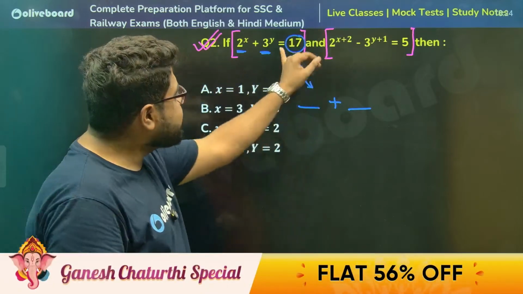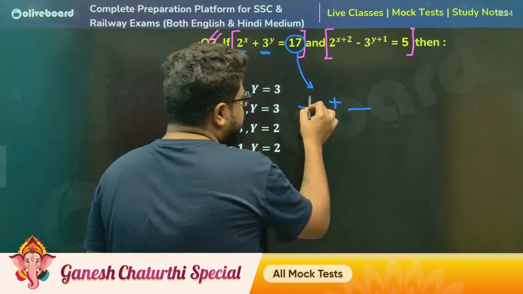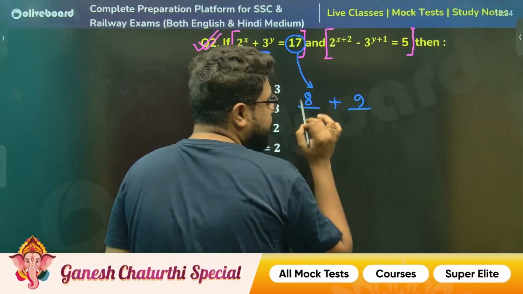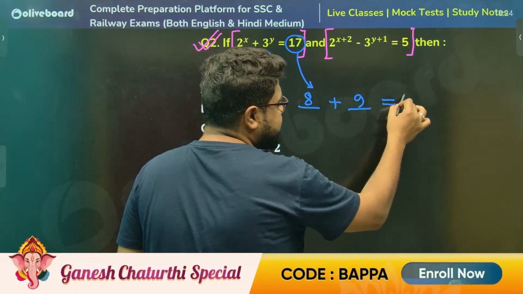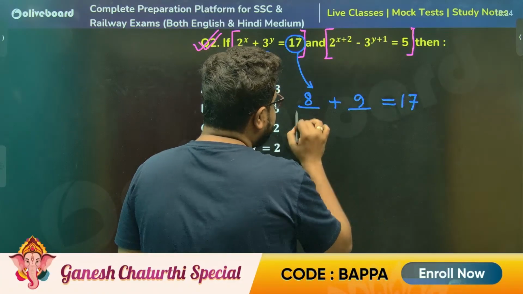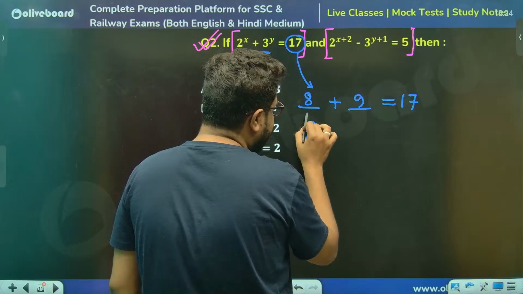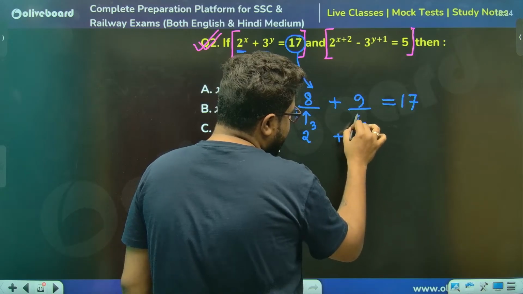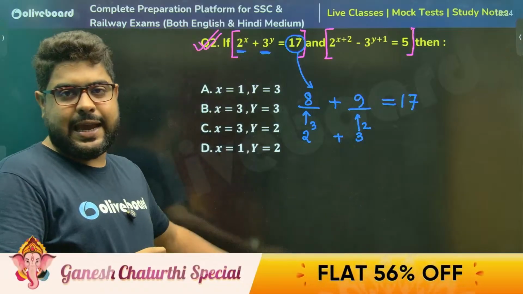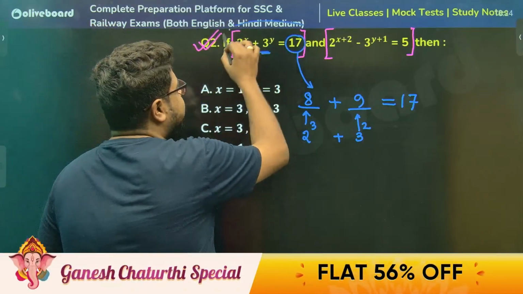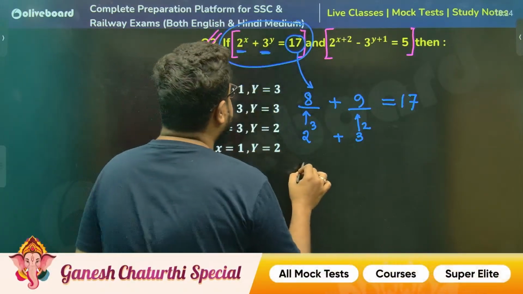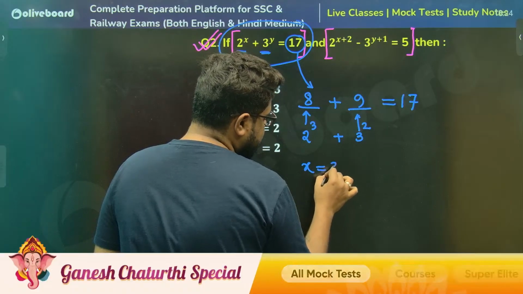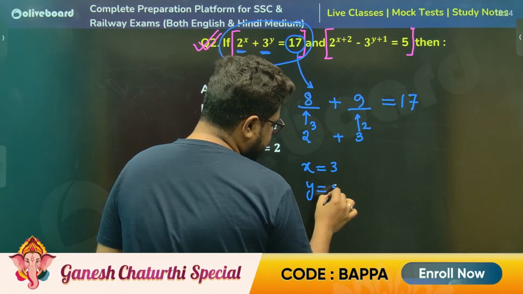I can see very easily it can be written as 8 plus 9, which is equal to 17, sir. And 8 is 2 to the power 3, and 9 is 3 to the power 2. So this is satisfying this equation. Meaning x equals 3 and y equals 2.